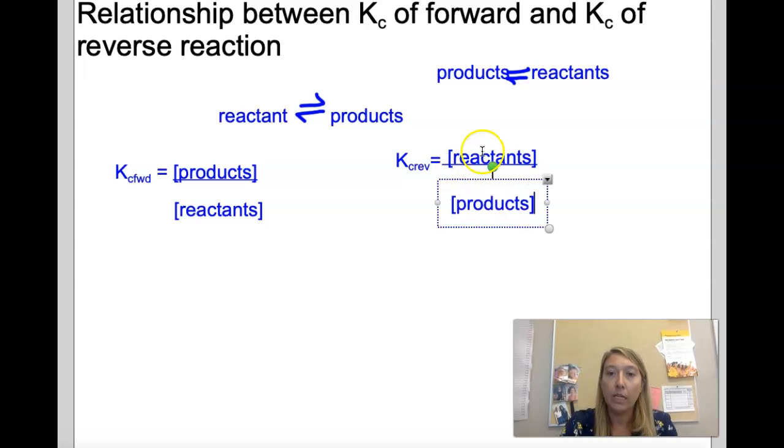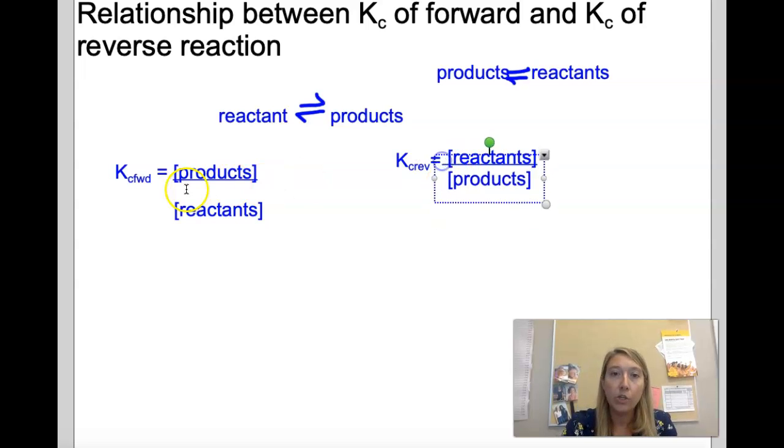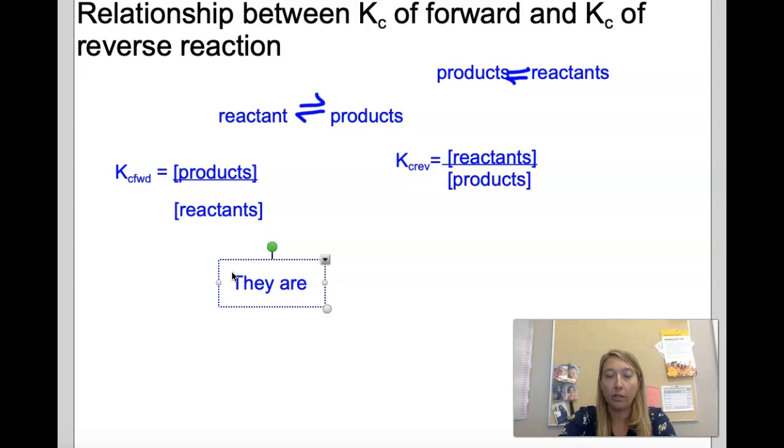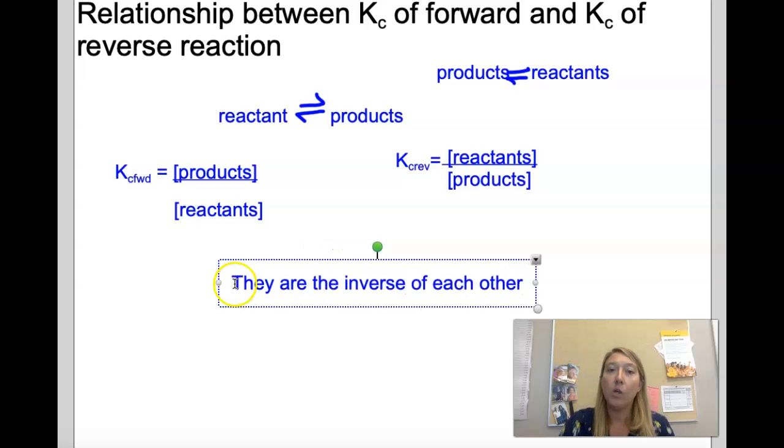So if you look at these, the relationship between the forward and the reverse is that we flipped the products and the reactants around. So what that means is they are the inverse of each other. So if I know what the Kc of the forward is, I just have to do the inverse of that to be able to determine what the Kc of the reverse reaction is.